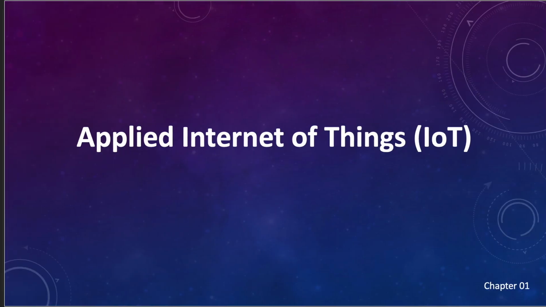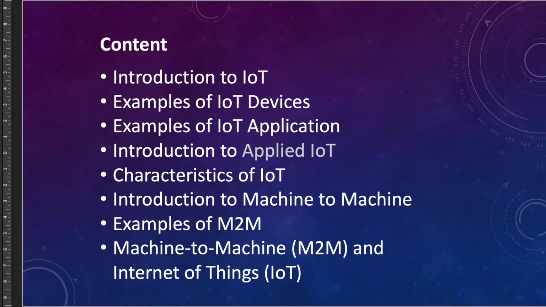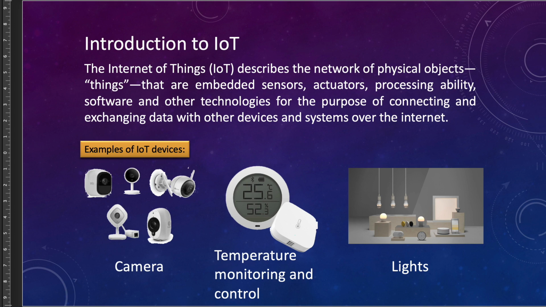we first talked about IoT devices, right? We talked about how the Internet of Things describes the network of physical objects or things that have embedded sensors, actuators, processing ability, software, and other technologies for the purpose of connecting and exchanging data with other devices and systems over the internet.